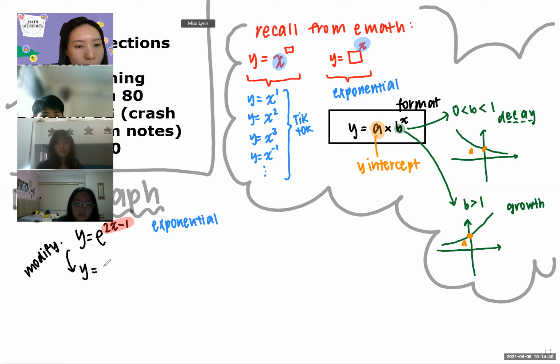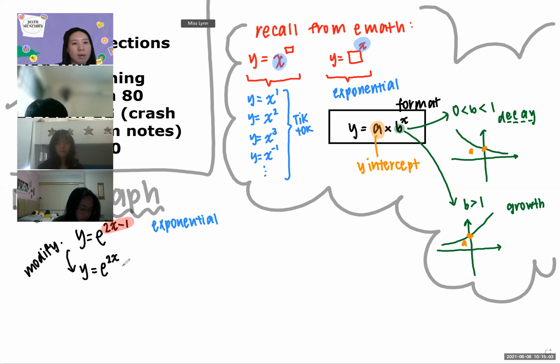When we split up the power, what do we get? e to the power of 2x divided by e to the power of negative 1. I would not want to use divide, because if you look at the format, what sign is in the format? Times. So I will not want to use divide.